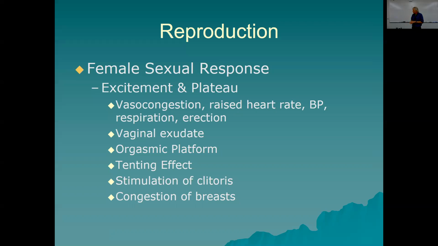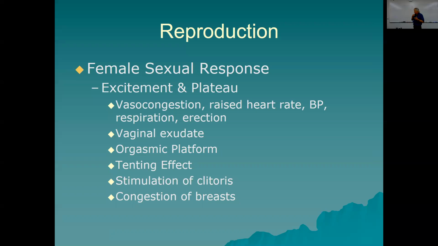There's something called the orgasmic platform after intromission. Intromission is the inserting of the penis into the vagina, and it leads to orgasm. The walls of the vagina actually grip the penis a little tighter. It's called the orgasmic platform.